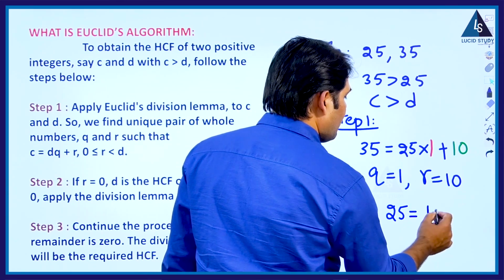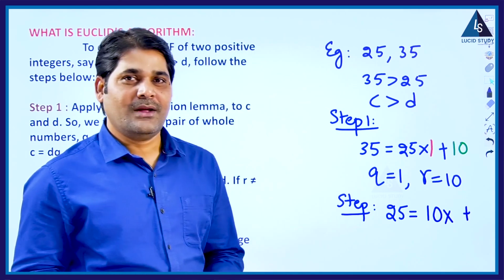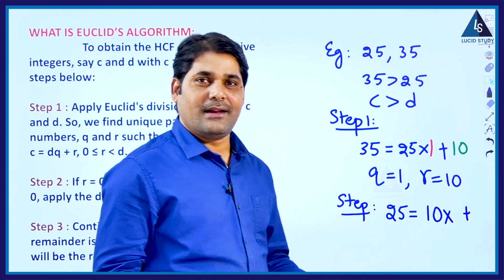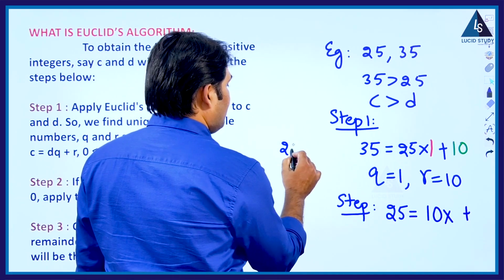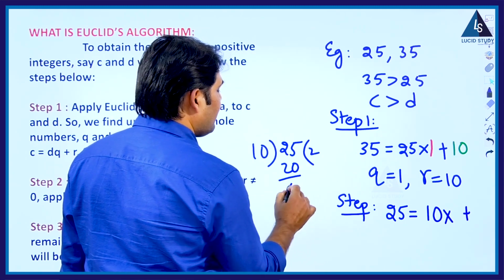That is 25 is equal to 10 into some number plus some number. What are these two numbers? Divide 25 by 10. 10 twos are 20, remainder is 5.